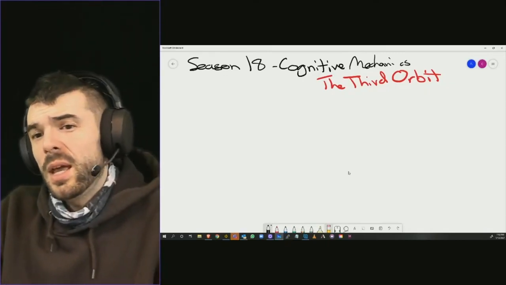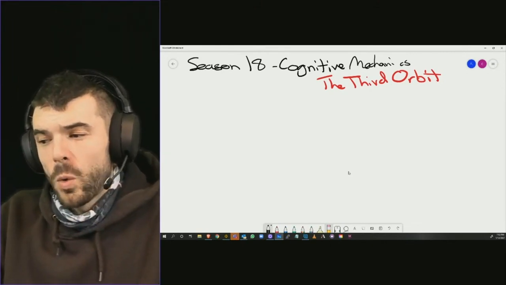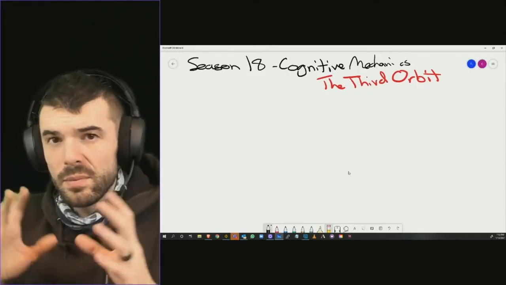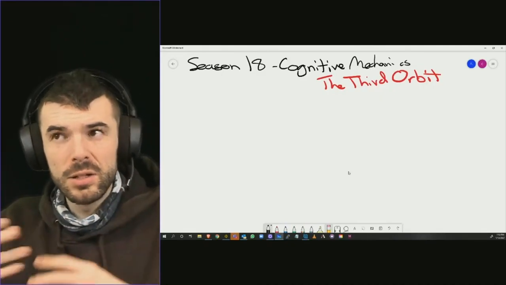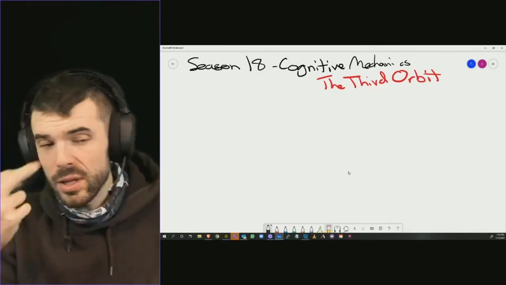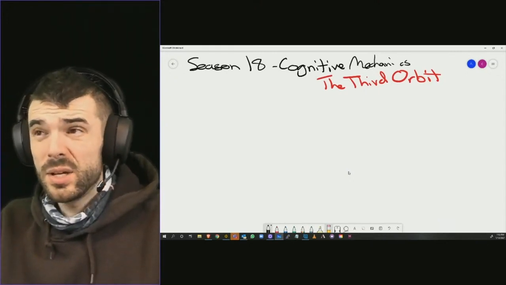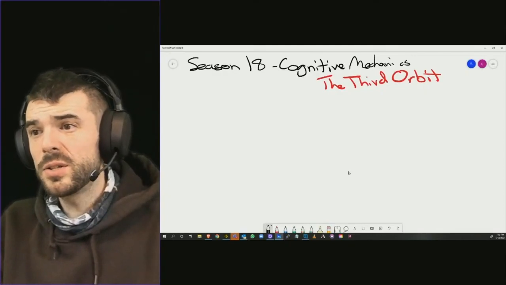So anyway, that being said, cognitive orbit literally is following the identical logic in terms of how it works mechanically within our mind. So let's actually do that.